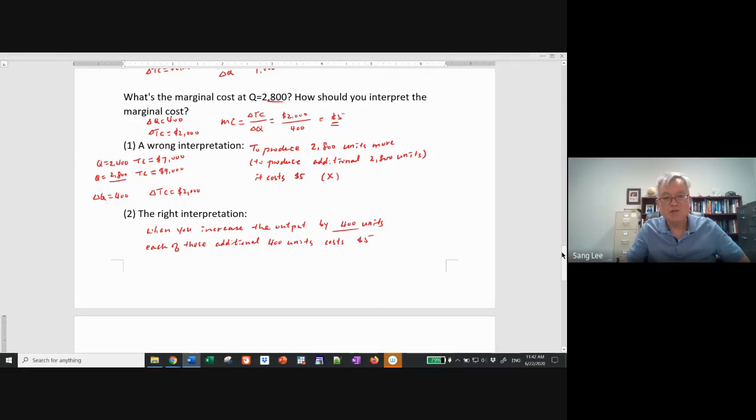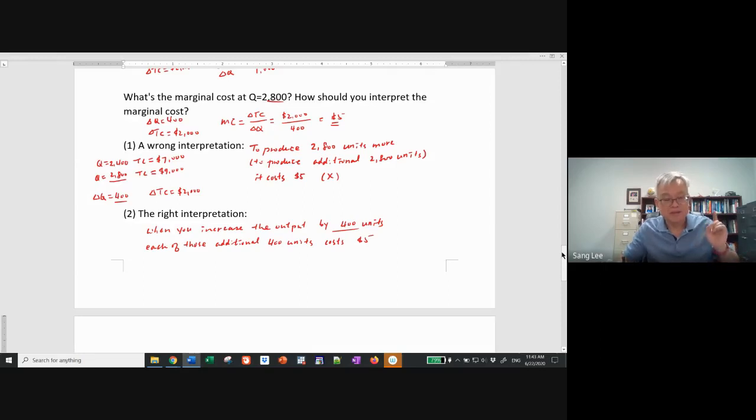So what does $5 marginal cost mean? When you increase the output by 400 units, total cost increased by 2,000. So you divide 2,000 by 400, that gives you $5. That means each of those additional 400 units costs $5.